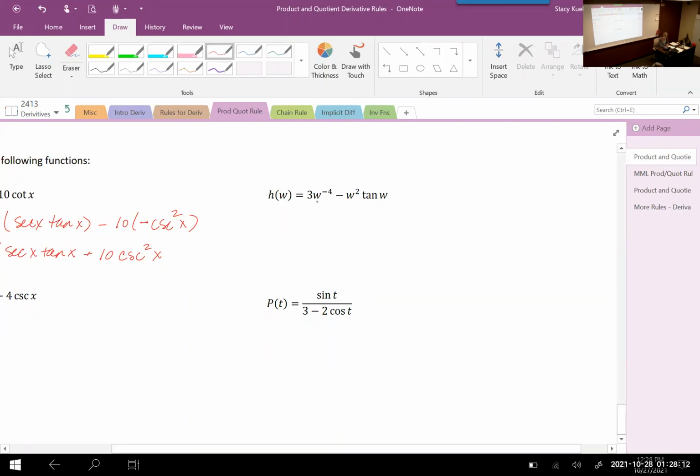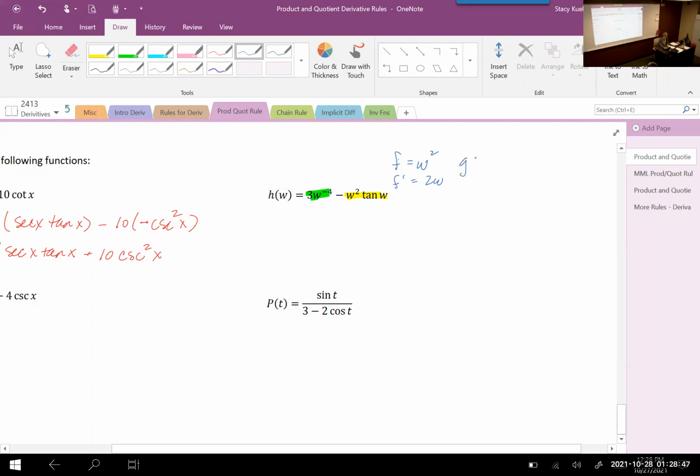We have this first function. We're going to take the derivative of the first function. And then we're also going to take the derivative of the second function. Notice what's happening in the second function. We have a product between w squared and tan w, don't we? Okay. So if we wanted to think of this, we know that in the second function over here, if f is w squared, then f prime would be 2w, wouldn't it?